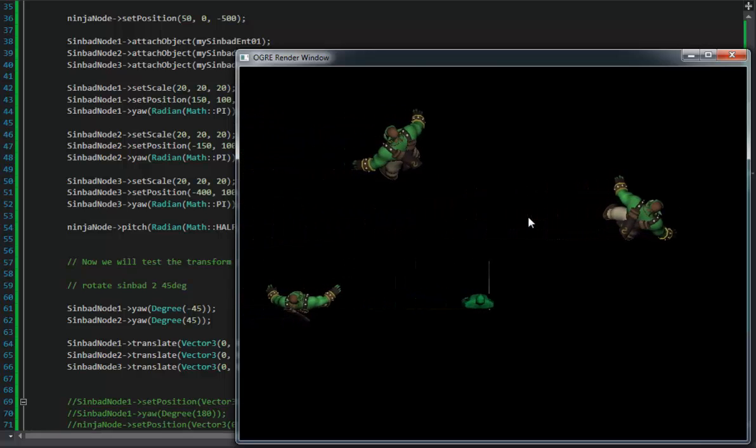The z-axis of the parent is vertical. So the second Sinbad, which we moved along the z-axis of its parent, goes vertically up on the screen. And then the z-axis of the world is pointing towards us. We moved the third Sinbad -300 units, which pushed the third Sinbad out from our view, so that makes it look smaller.